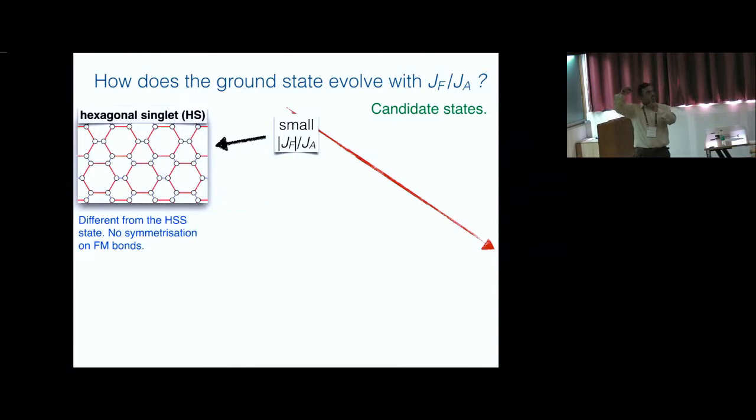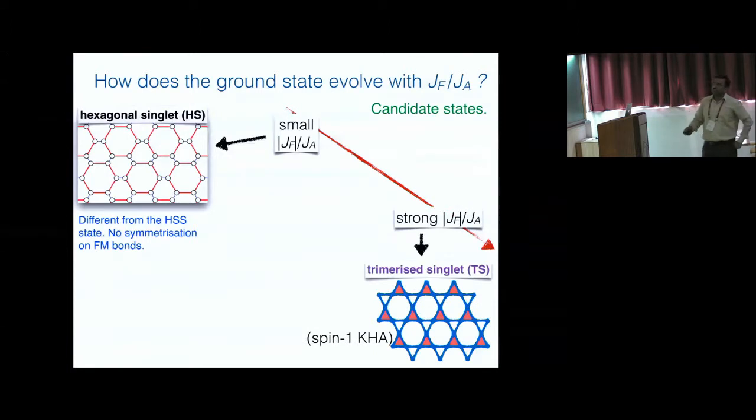When you symmetrize the spin pair on the ferromagnetic bond, you are by default assuming the strong coupling limit, but this is not strong coupling. He is thinking about hexagons as being given, which is reasonable only in the weak coupling limit, but then you are not supposed to do symmetrization. So I'm calling it HS instead of HSS. So this is weakly coupled hexagonal singlets.